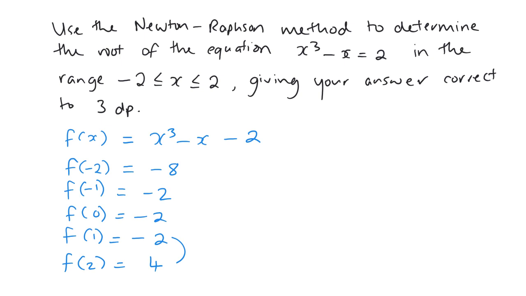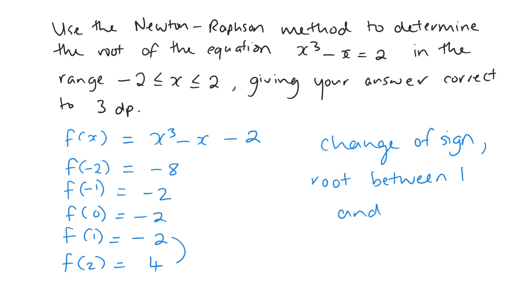So our change of sign, remember this is usually the first part of an exam question, means that there's a root between 1 and 2. Okay, so we're going to take 1 as our starting point. So that's our approximation of the root. It's at 1, and then we're going to use Newton-Raphson to give us a better approximation.